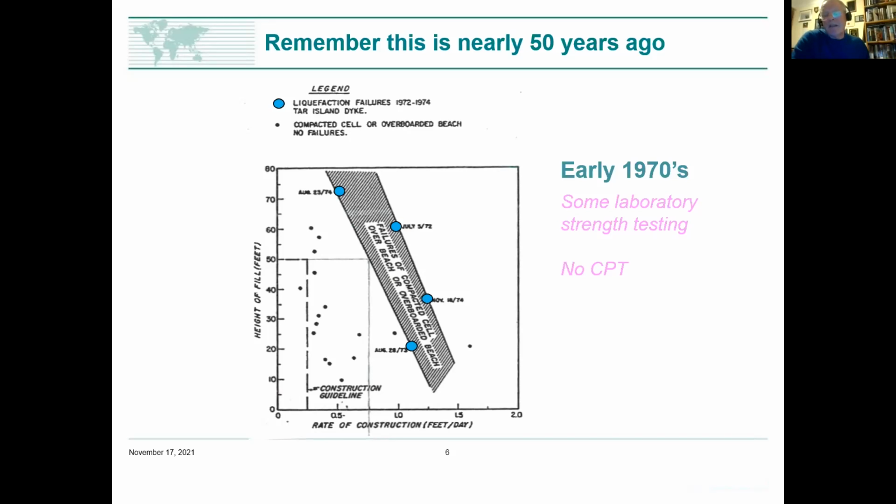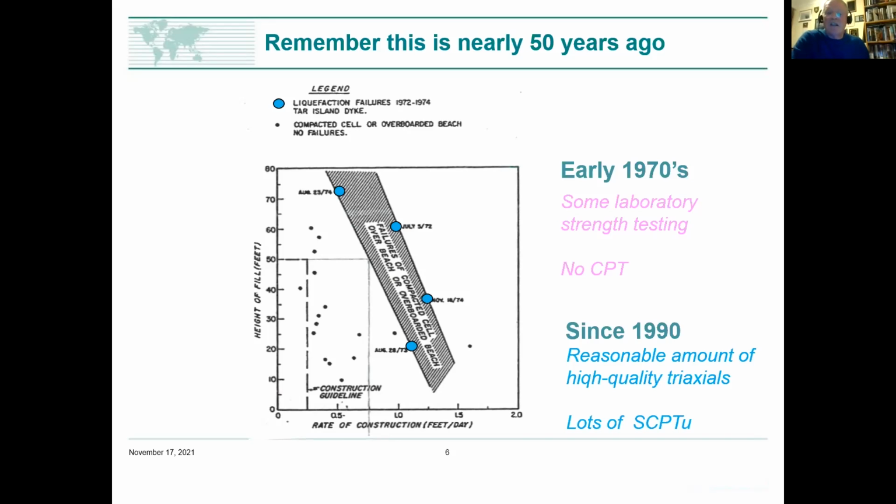Indeed, there were no CPTs physically in Canada in 1974. Since 1990, we've actually accumulated a reasonable number of high-quality triaxial tests. We actually have cone calibration chamber tests, and we have got lots of seismic CPTUs.